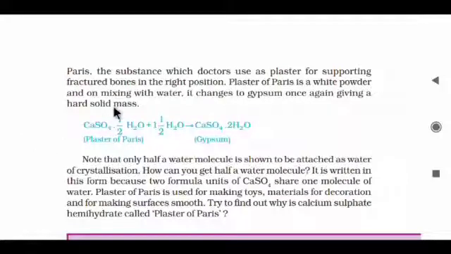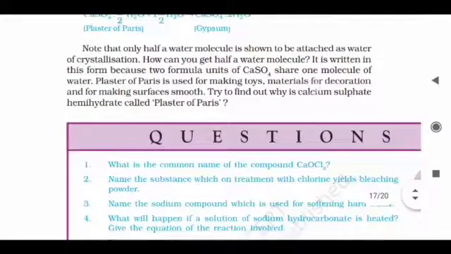In the earlier stage when it is dry powder, it can be molded into any shape, but when you add water it becomes very hard, and doctors use it to protect your fractured hand. This one is the hemihydrate molecule of plaster of Paris. If you add water to it, it becomes gypsum, which is very hard to break.